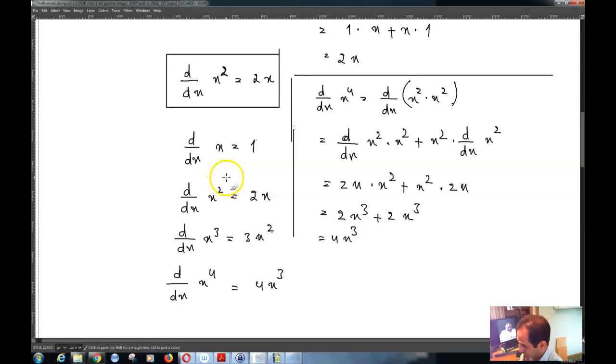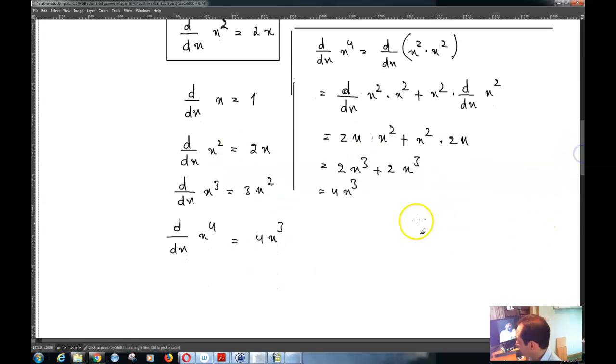So as a general rule, you can say that if f of x is equal to x raised to the power n, then d by dx of f of x is going to be n times x raised to the power n minus 1.